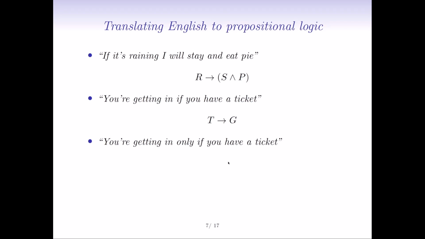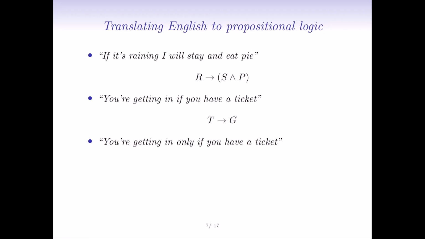Next example, you're getting in only if you have a ticket. Well, the propositions are the same, but now instead of if, we have only if. So really we're saying here that only people with tickets are getting in. But even if you do have a ticket, that might not be enough to get in.